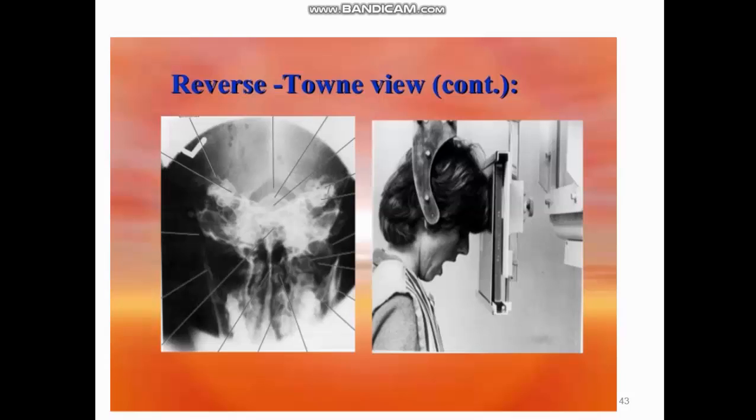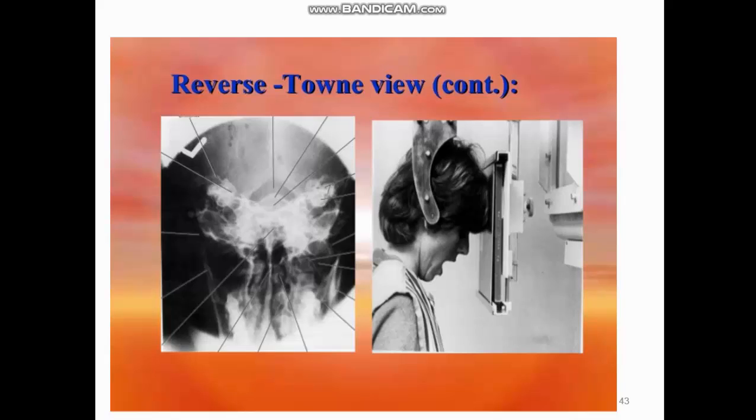Okay, in this picture you can see the reverse Towne view, and this projection shows the condylar head and necks. The original Towne view in AP position was designed to show the occipital region, but also shows the condyles. However, since all skull views used in dentistry are taken conventionally in the PA direction, the reverse Towne PA projection is used.